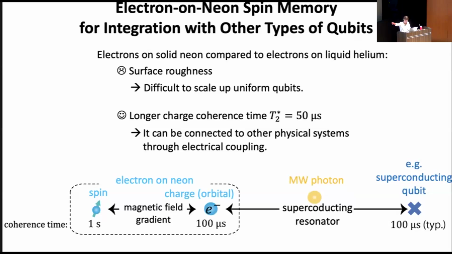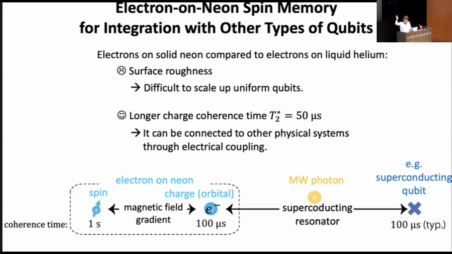And more importantly, the spin state is expected to have an even longer coherence time, potentially reaching up to 1 second or longer. Okay, so the 2 points are that the spin state has a very long coherence time, and thanks to a long charge coherence time, we can have electrical coupling with other types of qubits or other physical systems.